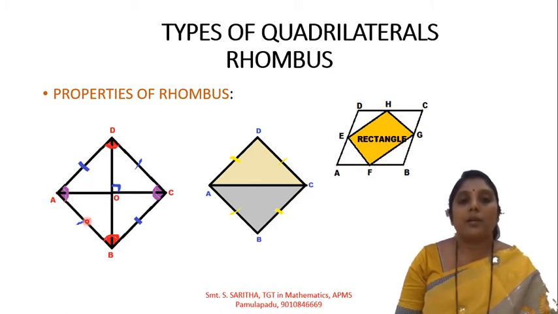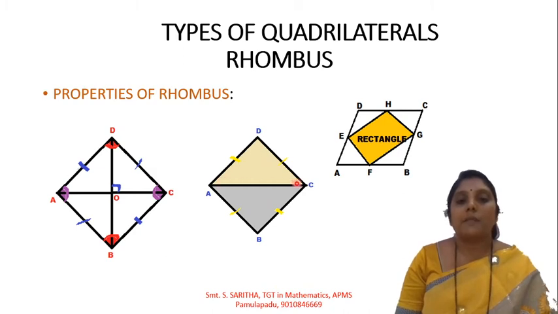So, in a rhombus, all sides are equal, opposite angles are equal, the sum of two adjacent angles is 180 degrees. When you draw a diagonal in a rhombus, it divides the rhombus into two congruent isosceles triangles.